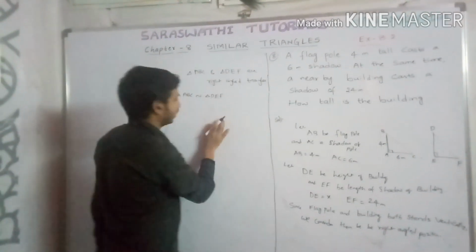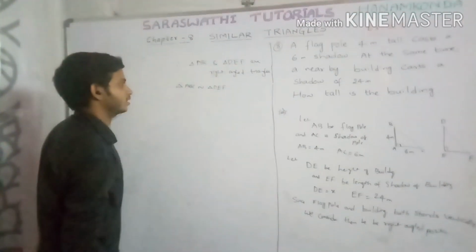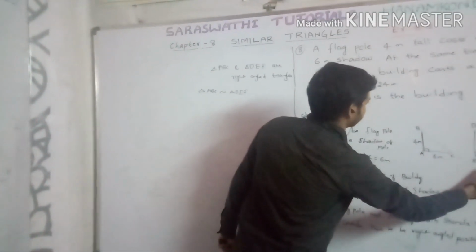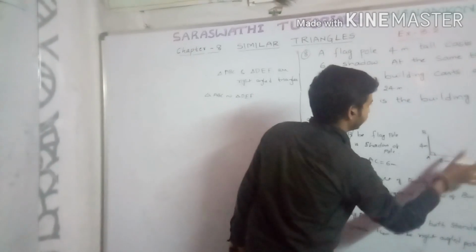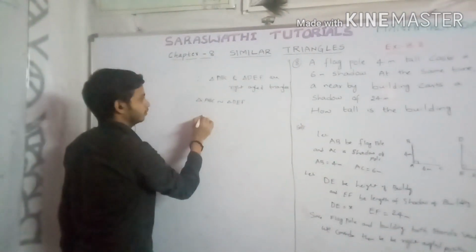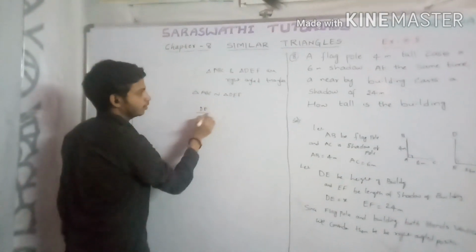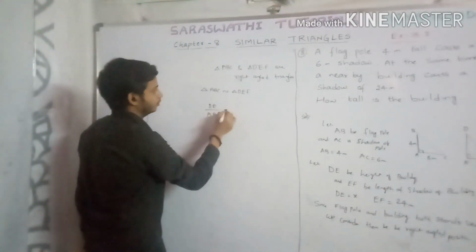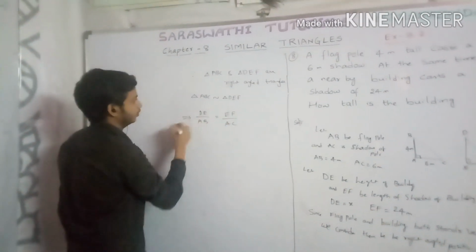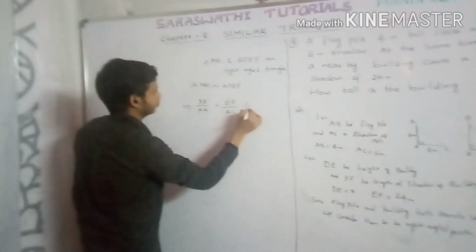Now if two triangles are similar, then the ratio of corresponding sides is always equal. That means DE by AB equal to EF by AC.